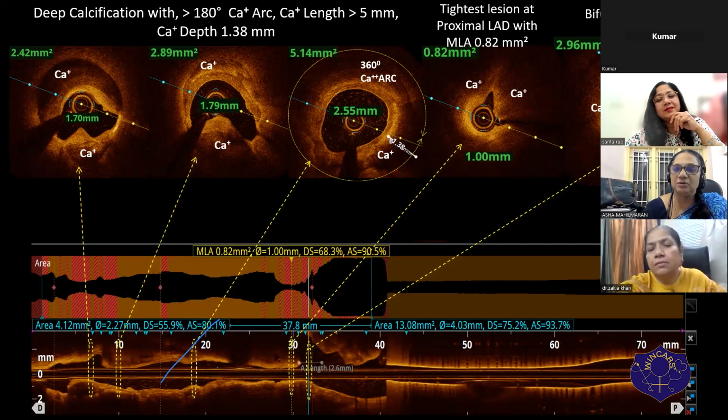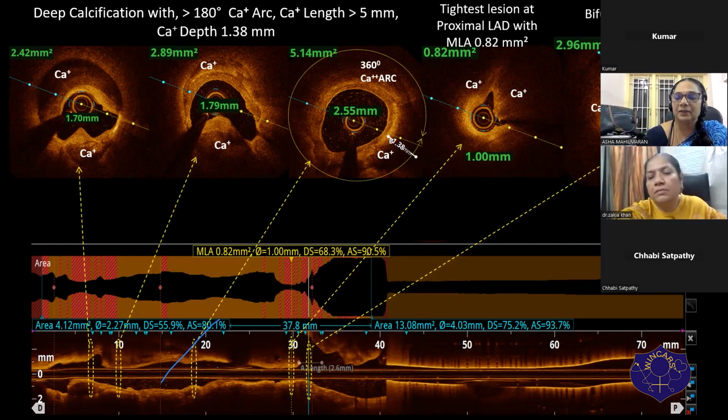Such a huge nodule. I think with orbital available, orbital is the first choice, and Sarita loves it. So, the choice is orbital atherectomy first. Then, as Dr. Sujata said, combination maybe with IVL or cutting balloon. Once you have some disruption of this calcium, then you can figure out which one to use.